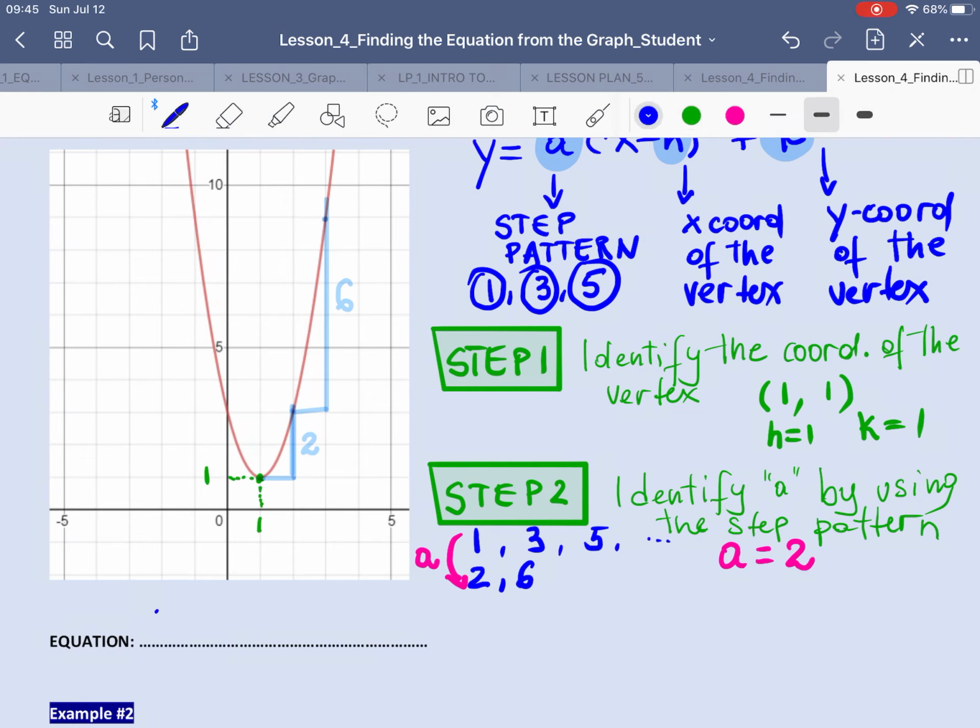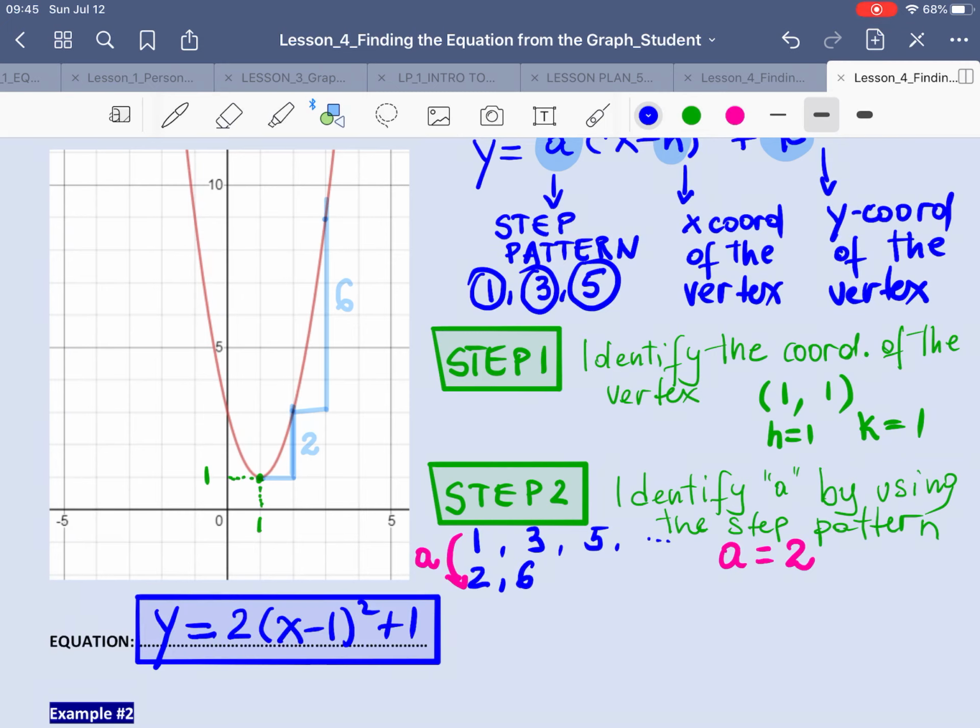I'm going to go ahead and write it down right here. That would be my answer. So y equals 2(x minus 1) squared plus 1. And I always like to box up my answers because I like them to stand out.